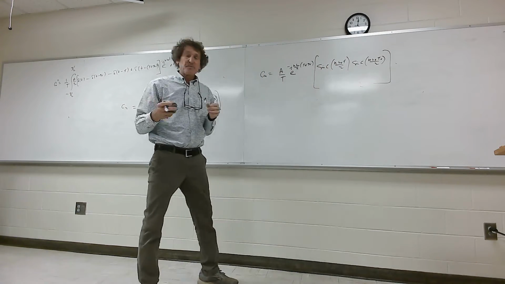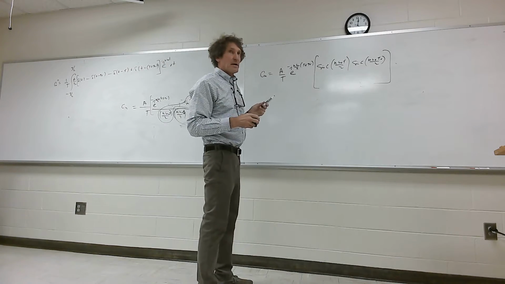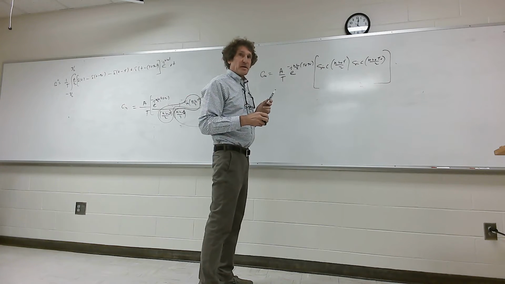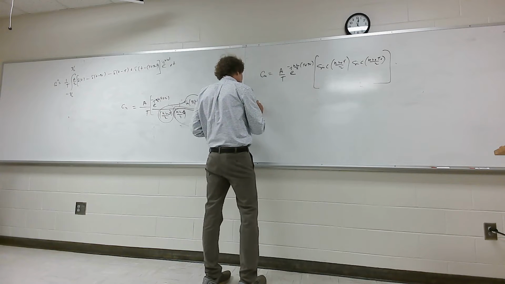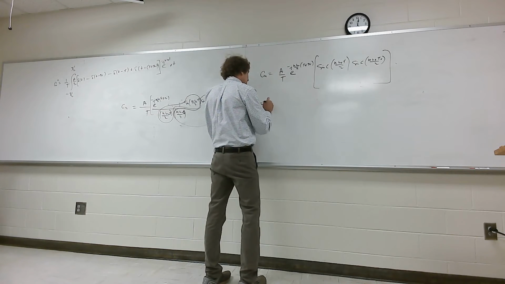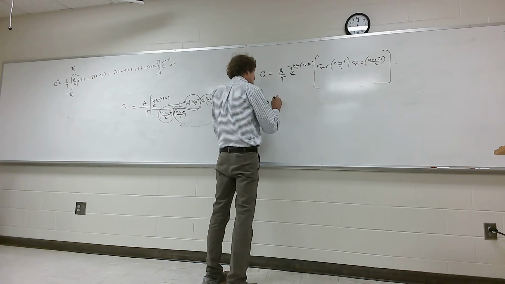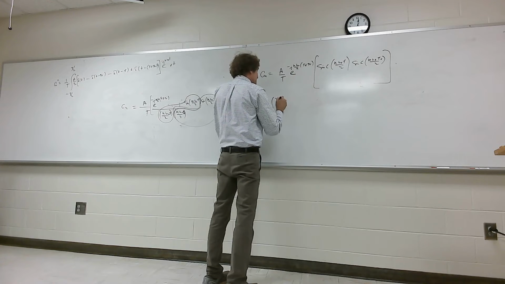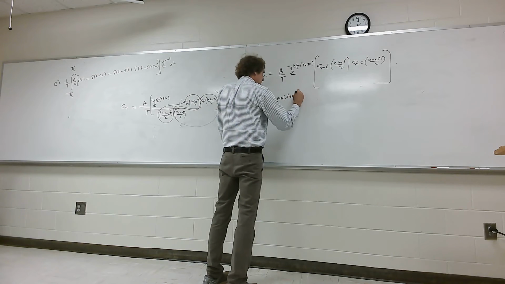Here's how we keep simplifying it down to something that makes a little more sense. First thing we do with this one is we know omega naught is 2 pi times f naught. F naught would be the fundamental, right? Well then I can reduce this and I can say C of n is equal to A over T, then a phase term, e to the minus j n pi f naught times tau plus tau rise.